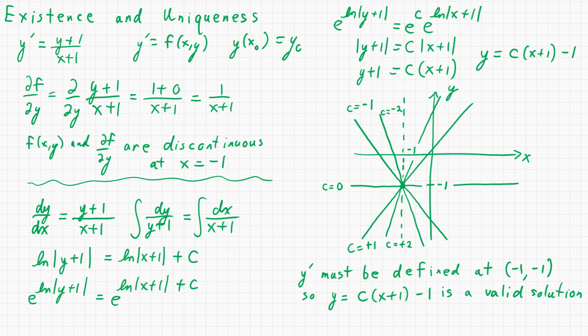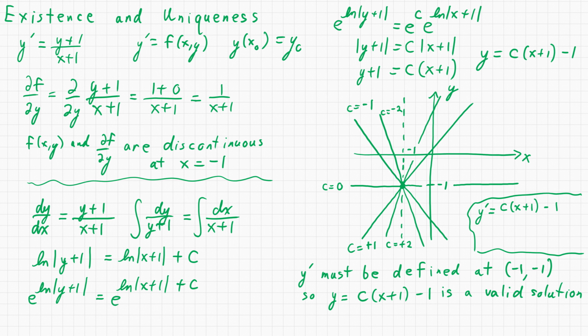Just double checking, do I have enough room to plug that in? I might have enough right here. If we plug c times x plus 1, minus 1 into the original equation, we've got y prime is equal to y plus 1. So y is c times x plus 1, minus 1.